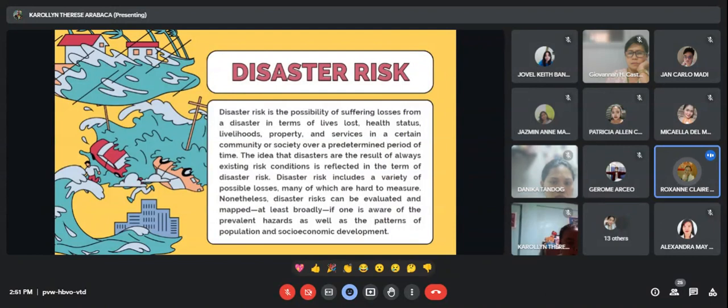Pero ang problema is most people does not want to do that because may iwan yung ari-arian nila. Which is also at risk din naman talaga. Pero syempre, yung buhay is yung priority dito. I think yung Yolanda, it resulted to like 6,000 plus casualties. Next slide.